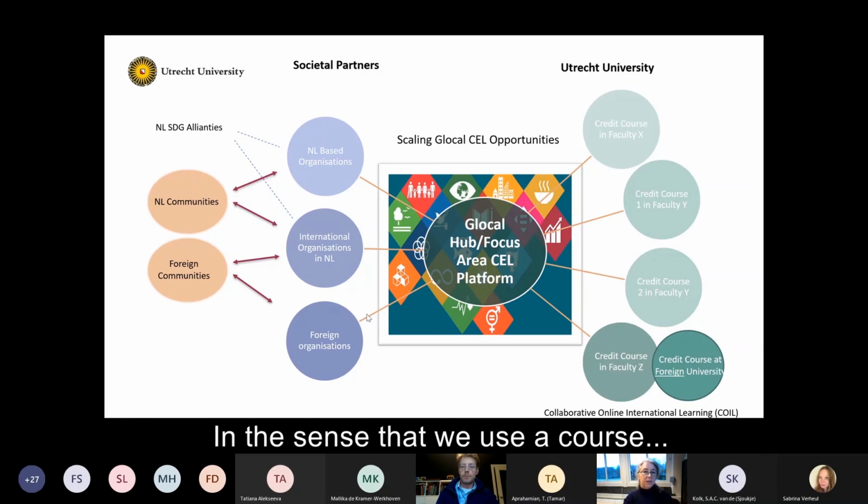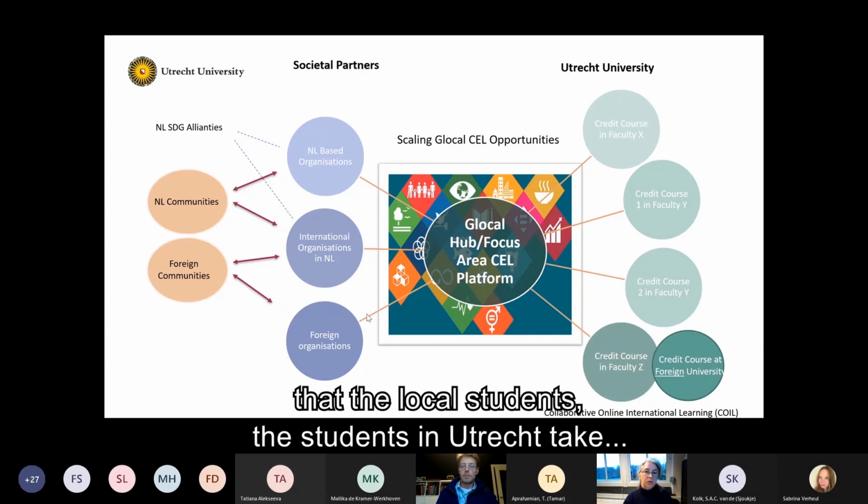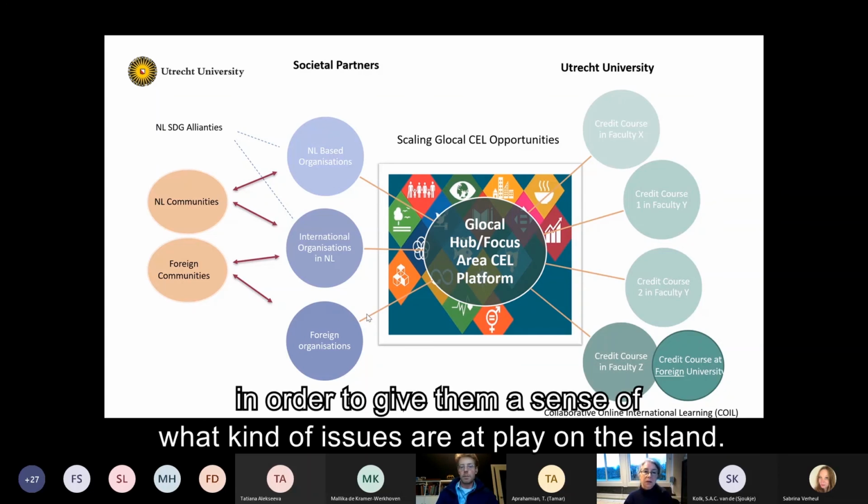In the sense that we use a course that the local students, or the students in Utrecht, take, in order to give them a sense of what kind of issues are at play on the island.